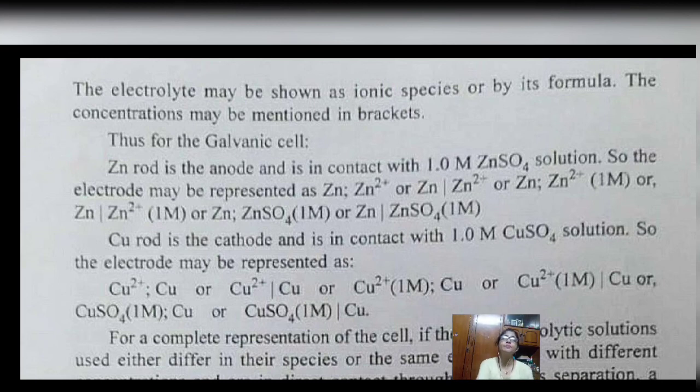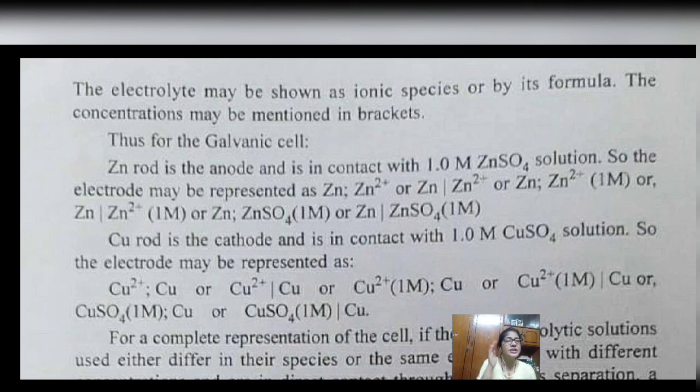There is a very simple way of representing the galvanic cell. What is that? We have to start from the left hand side. In the left hand side at the top, what is there? First we start with the zinc metal, that is solid. So we write Zn within bracket s. s stands for solid. Then a stroke, which is getting converted to Zn2+.